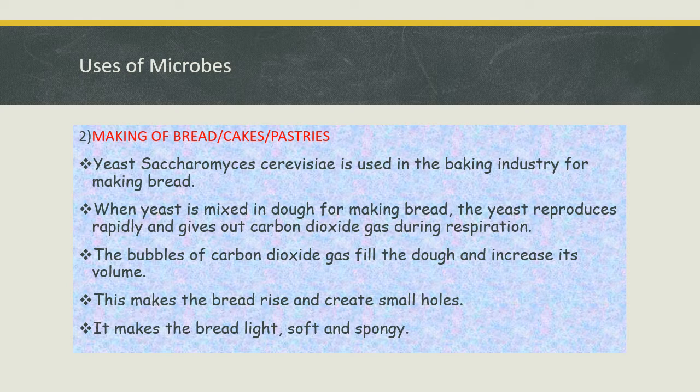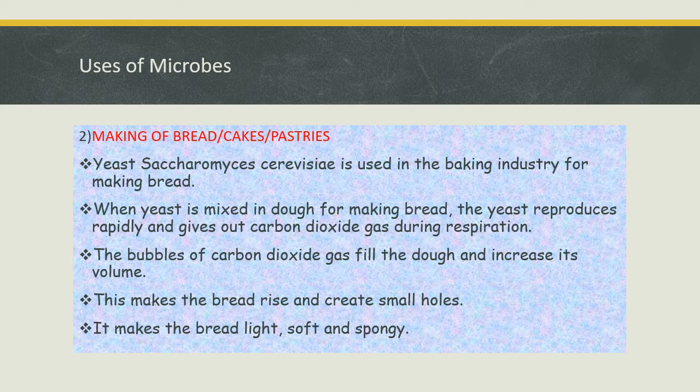So we have yeast. For this process, we mix it with dough and give sugar, and the yeast carries out fermentation by the mode of anaerobic respiration, so that it produces carbon dioxide as one of the end products, which is released out.